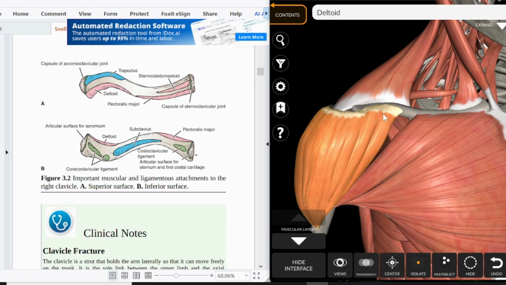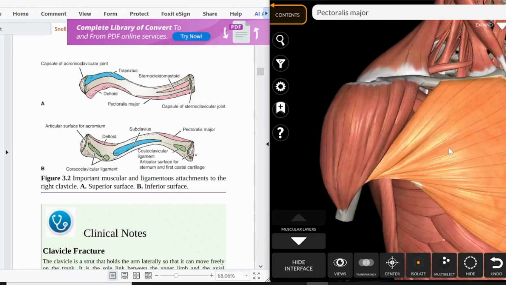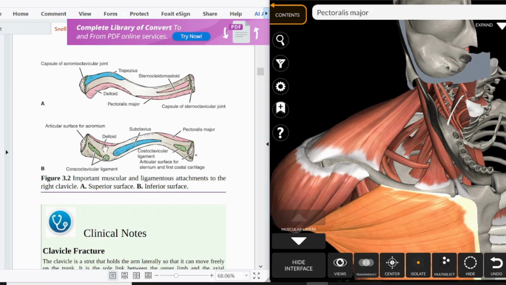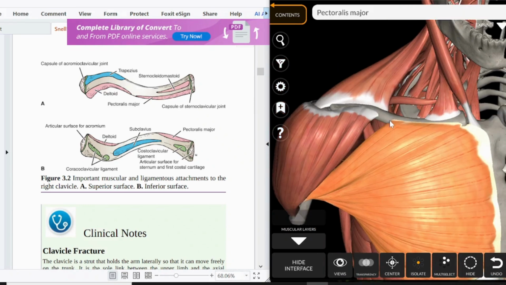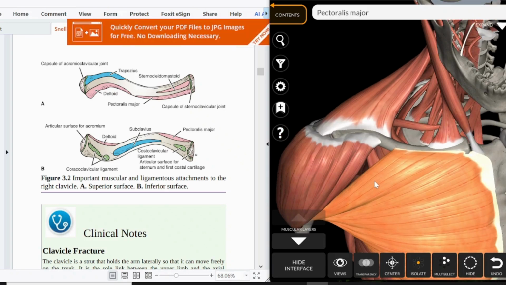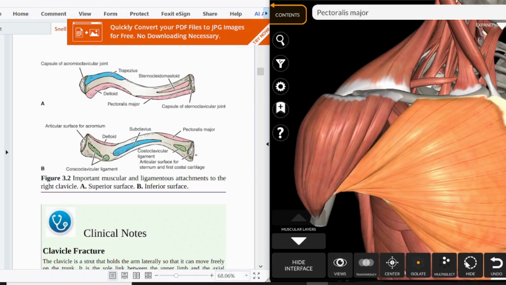Now if we see the inferior end, pectoralis major also arises from the inferior end, and the deltoid also arises from the inferior end. So the pectoralis major plus the deltoid are arising from both the superior and inferior surfaces.